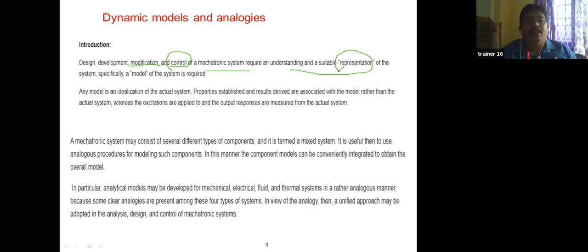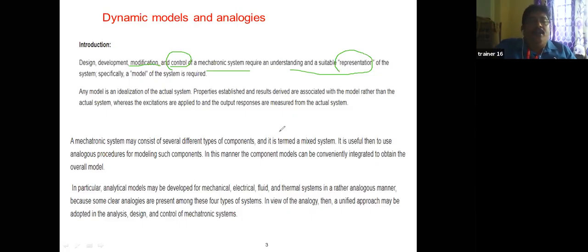So it's the design, development, modification, and control of a mechatronics product. This product requires an understanding, that is, a suitable representation. That representation we will discuss in examples. This is called a dynamic model. You can also call it a system model.